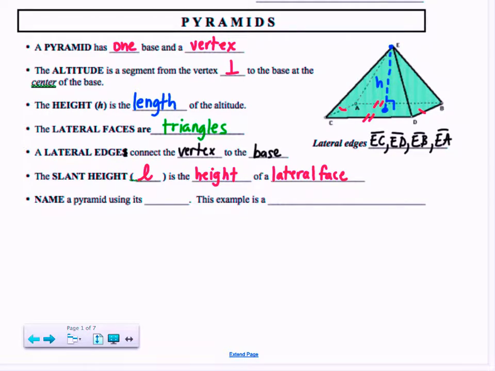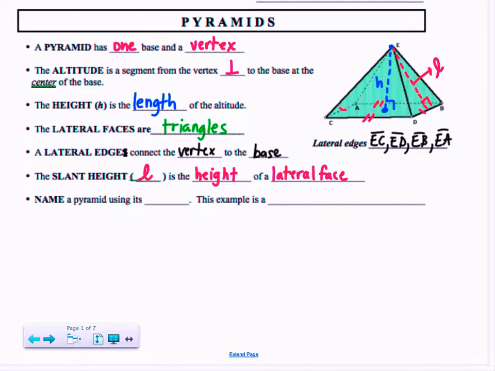So if I draw one in my diagram, it's going to come from the vertex, and it'll be perpendicular to one of the base edges. And that is considered to be a slant height.